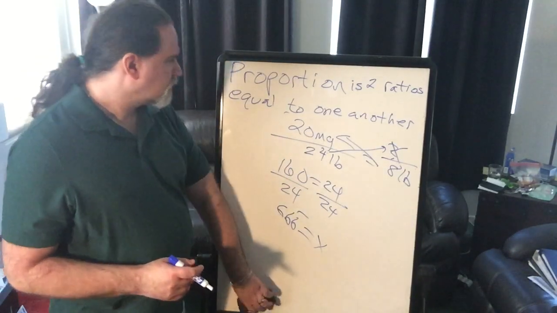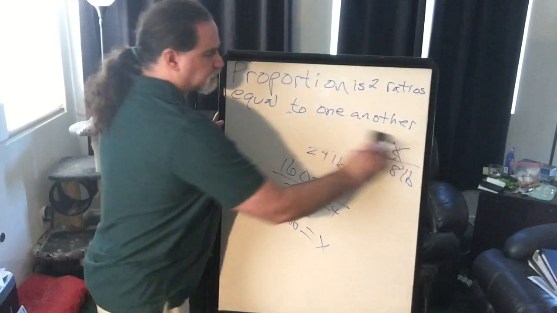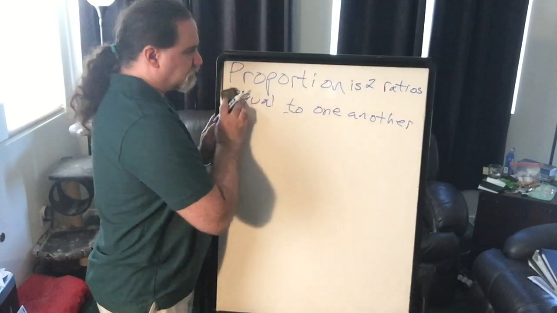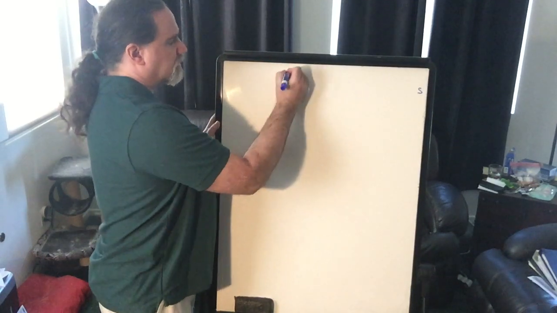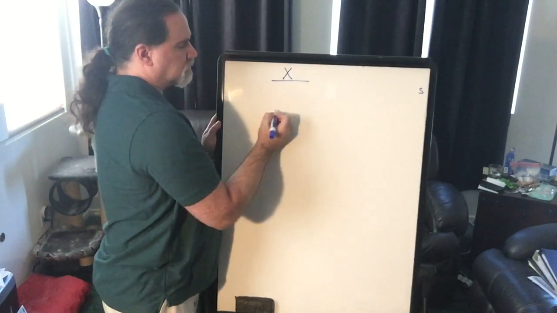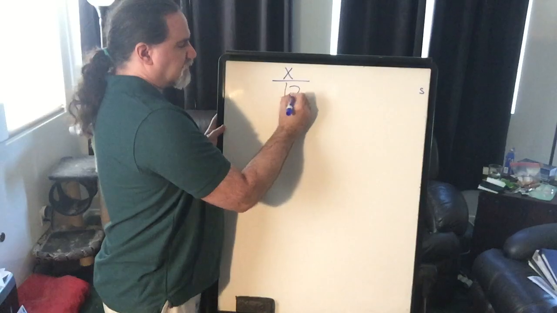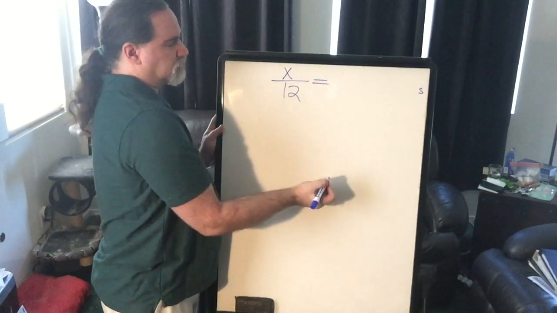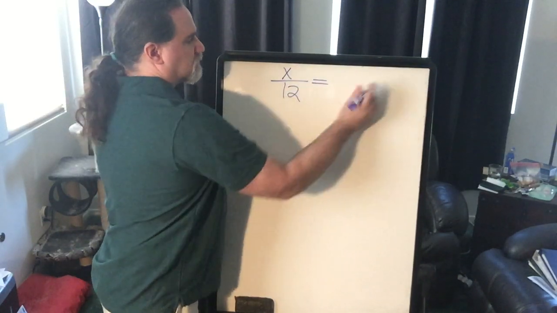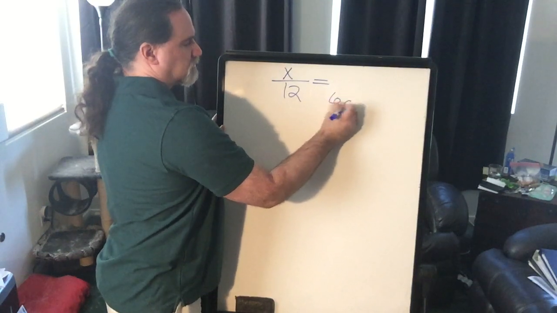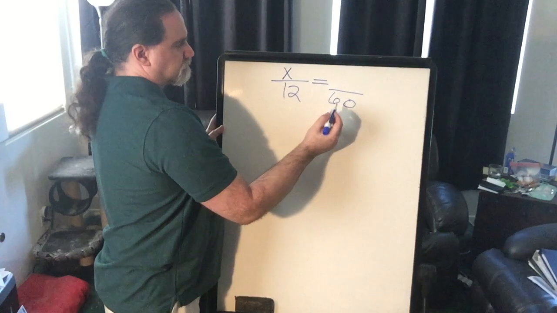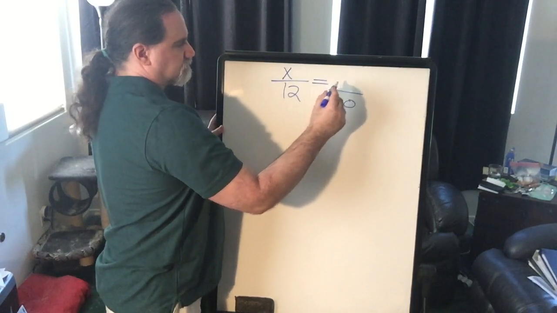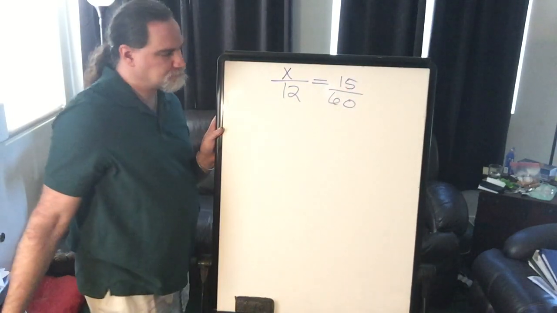So let me run through one more example, with narration here, so I can walk us through this. We can say x over, let's make my life easy, 12 is equal to 15 over 60.